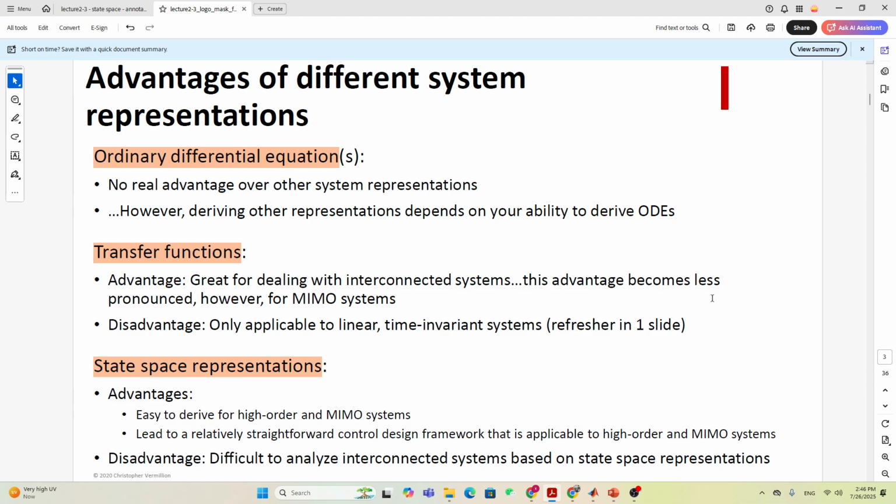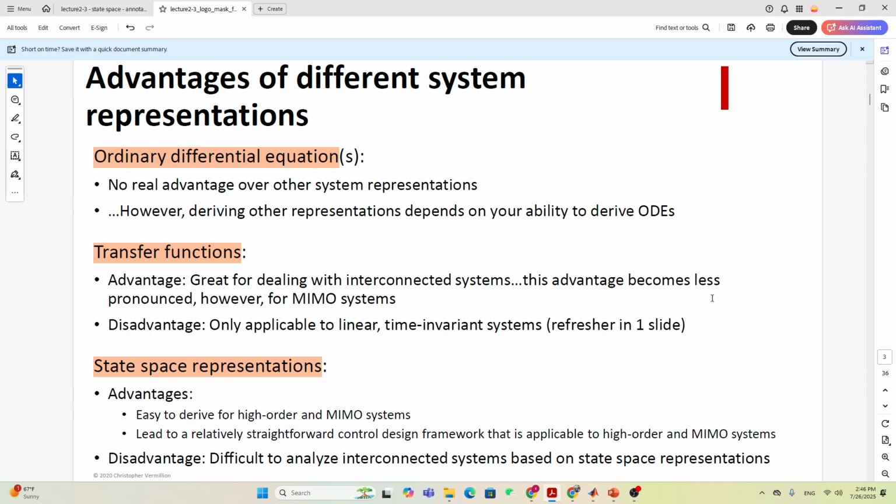And the advantage of transfer function, as I just mentioned, is that it is in frequency domain. It is great for dealing with interconnected systems. The advantage, of course, becomes less pronounced for multi-input and multi-output systems.